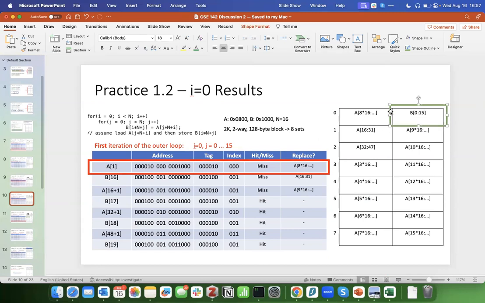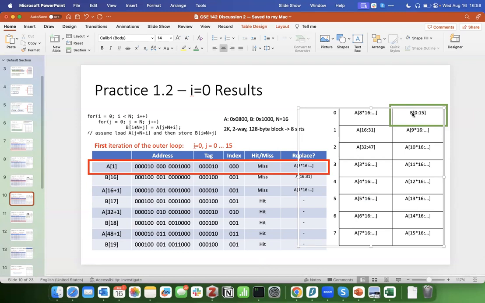That's because this cache is just big enough to hold everything in A. If I replace this with A 0 to 15, I have everything in A in the cache. It can hold 8 times 2, 16 blocks, and I only have 16 blocks in my array.